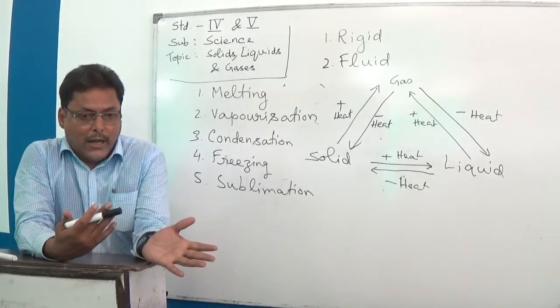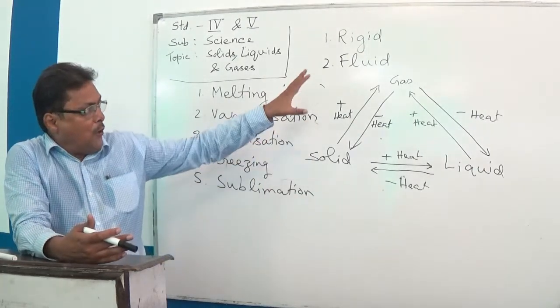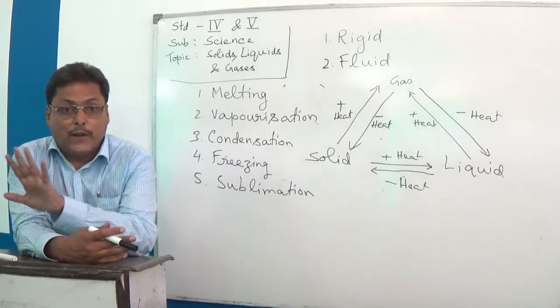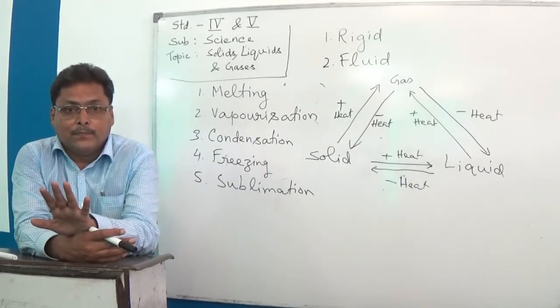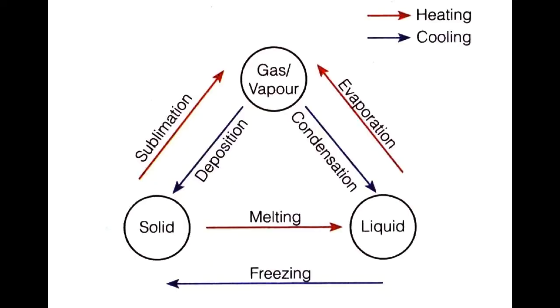So now let us look at the slides to have all these things understood very clearly. Understand this picture very well, very carefully. The red arrow shows you adding heat and the blue arrow shows cooling. Solids, on adding heat, it is called melting, it becomes liquid, and liquid on heating becomes gas.